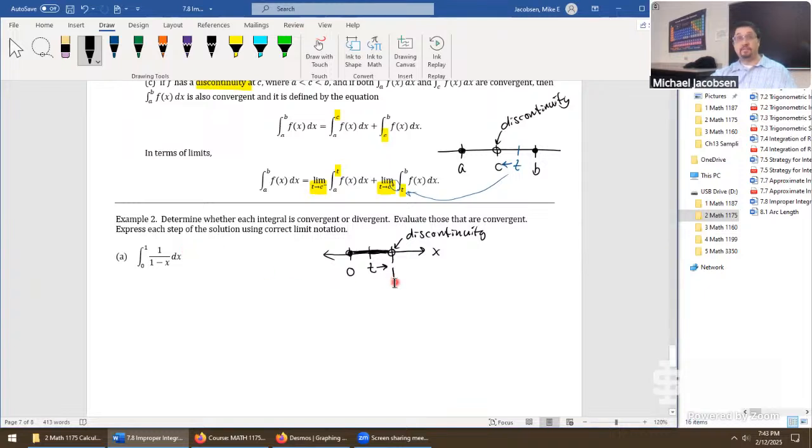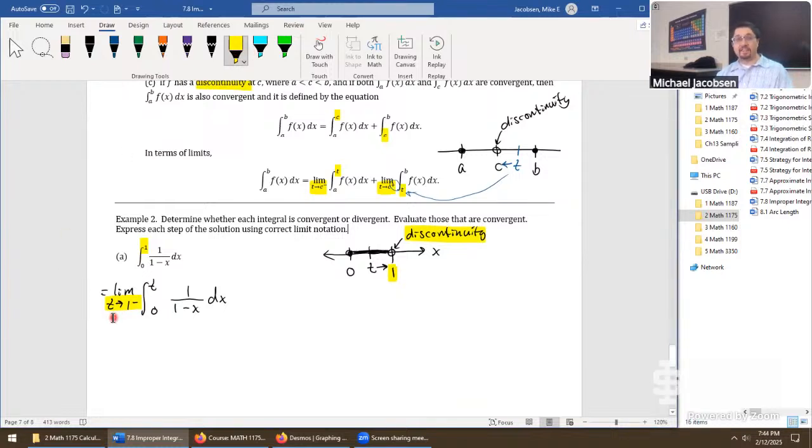It's going towards it from the left, so we say that this is equal to limit t approaches our discontinuity 1 from the left of the integral 0 to t. And 1 over 1 minus x could be just left directly in that form. So that's our setup of what we have to do for these kinds of problems.